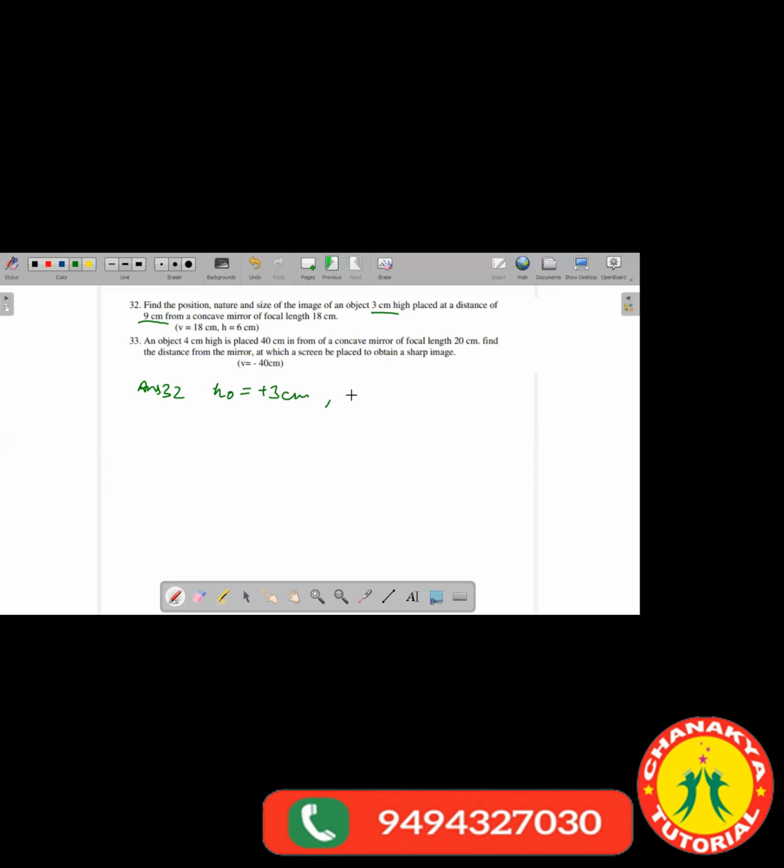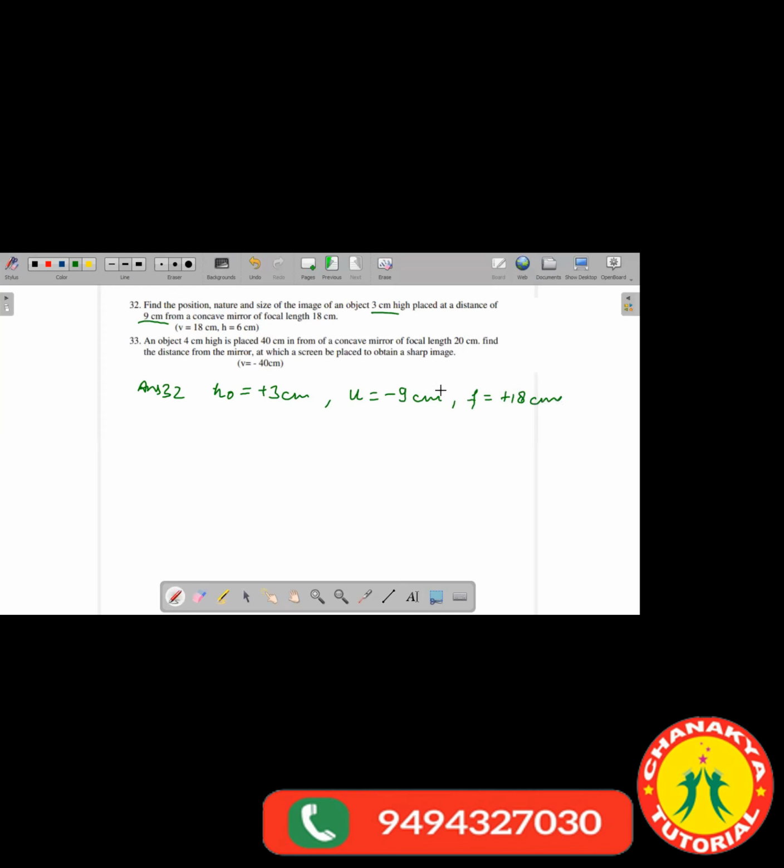So this 9 centimeter would be the object distance. So we'll write U equals minus 9 centimeter, since object distance is always negative. Then focal length is 18 centimeter. So we write here F equals plus 18 centimeter.